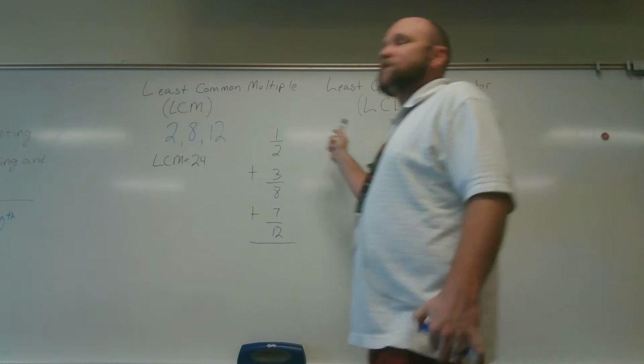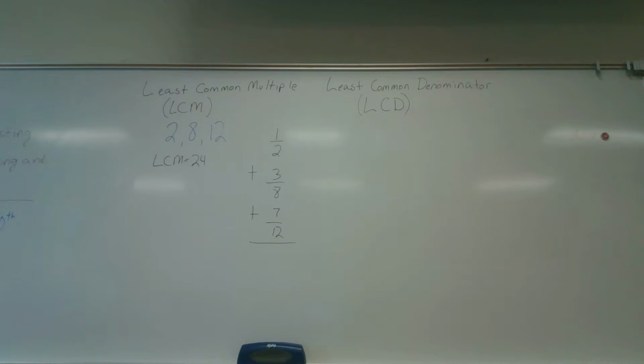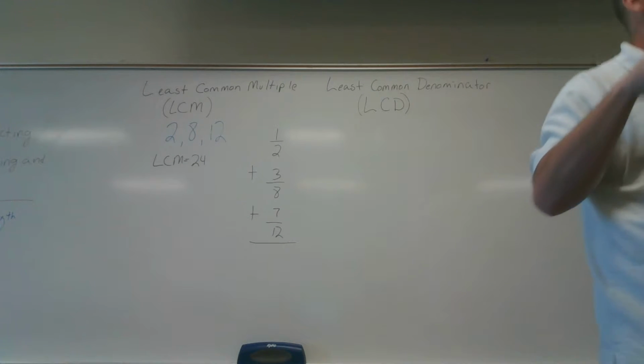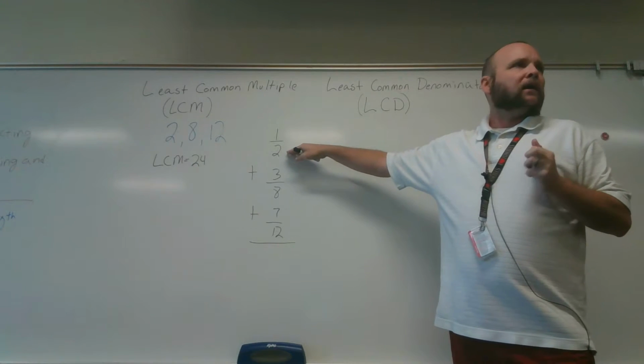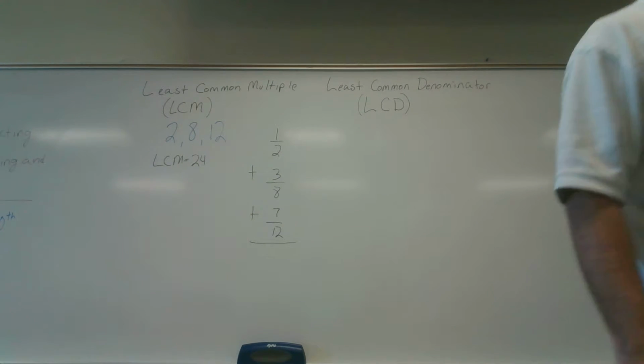What we just did a moment ago is we found a common denominator for 2, 8, and 12. Remember, the number on the bottom is our denominator. That's how many total pieces there are. So if I had a pan of brownies and I cut it into 2 pieces and ate 1, that's my fraction 1/2.